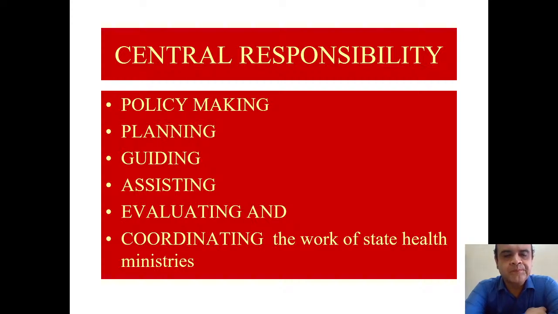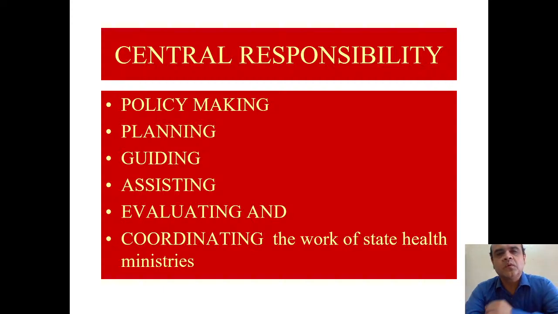For example, now people at the grassroots level, like Hyderabad and around the villages, with the local health bodies, decide what their health priorities are. They send the information to the center, and then the policy is made according to the requirement at the grassroots level. So this is known as policy making.